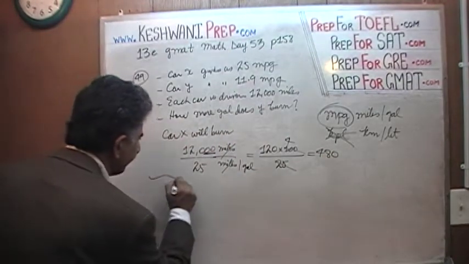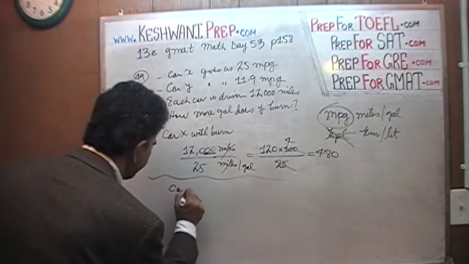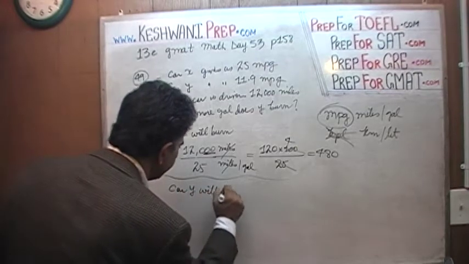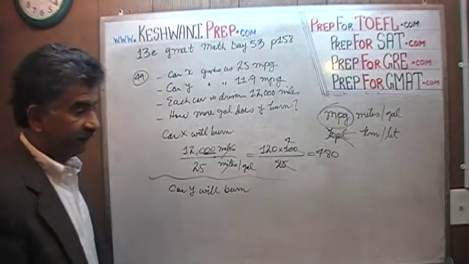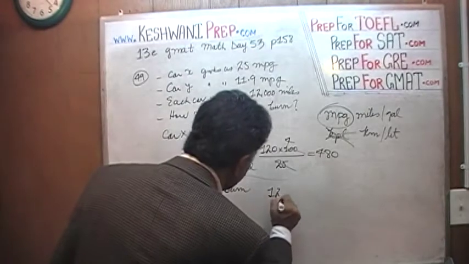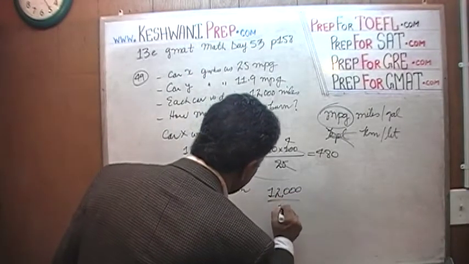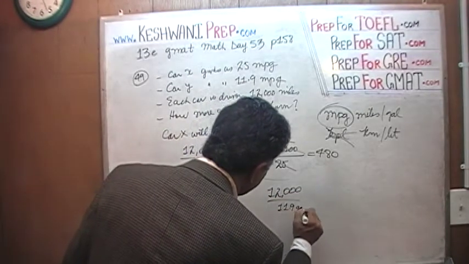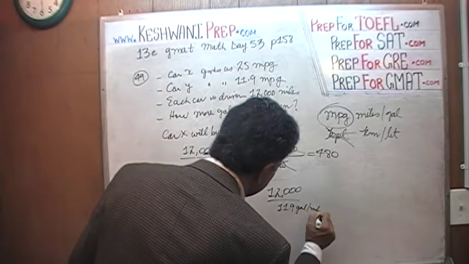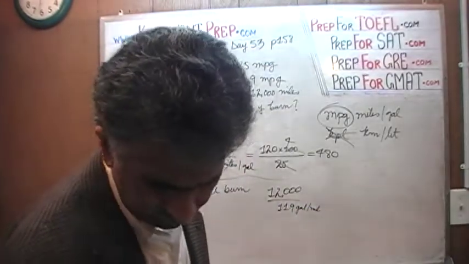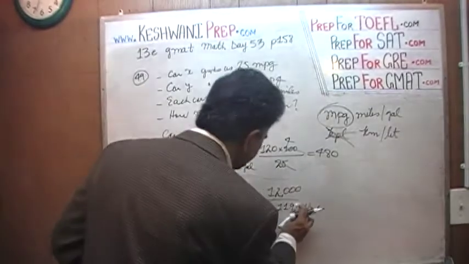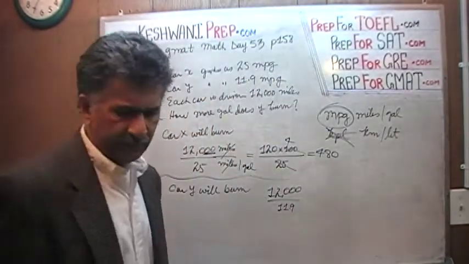Let's do car Y. Car Y will burn, we're going 12,000 miles, and it gives you 11.9 miles per gallon.